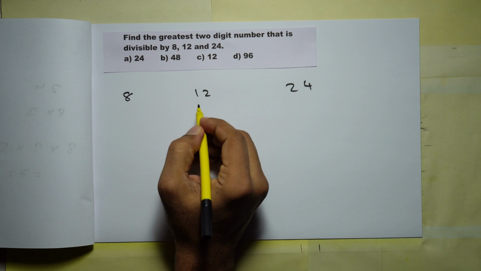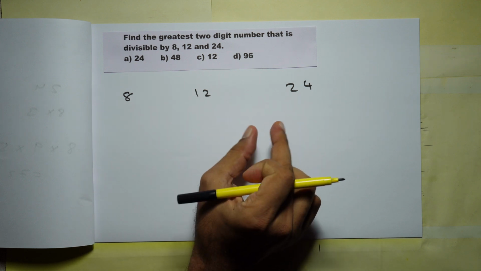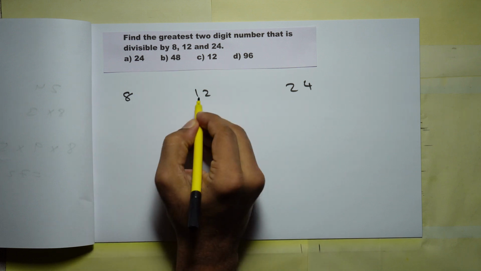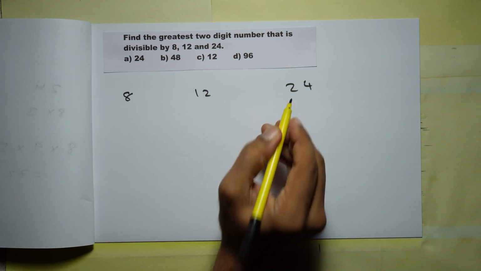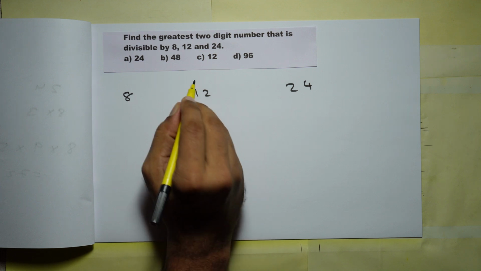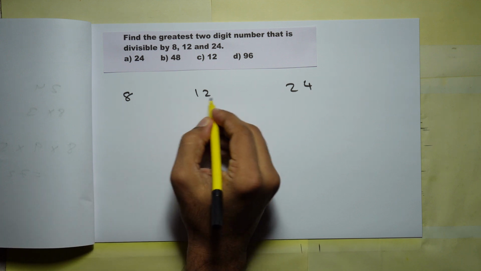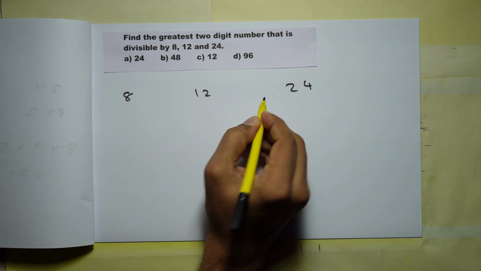So what we will do is first we'll find out the LCM of these three numbers. That is the smallest number which will be divisible by each of these three numbers. Then we will find the greatest multiple of that LCM below 100. That is the procedure.